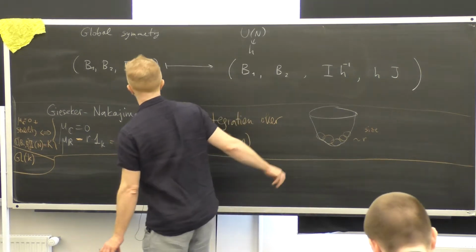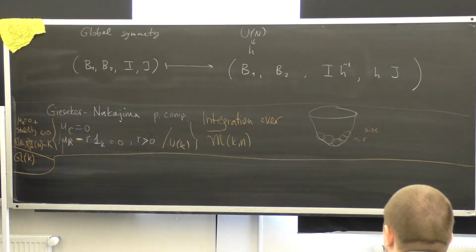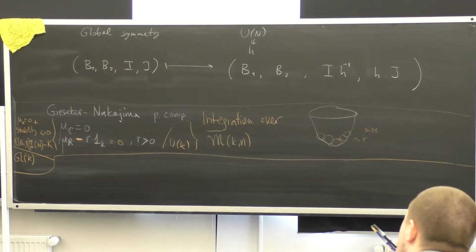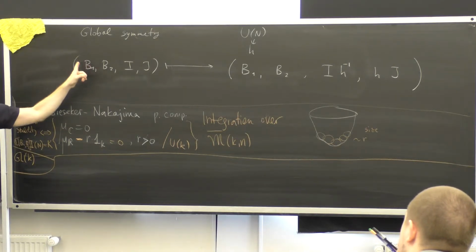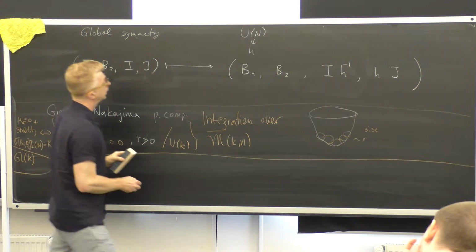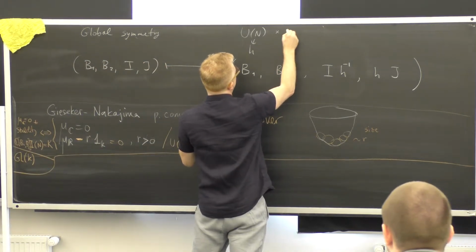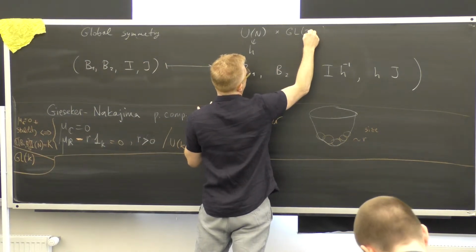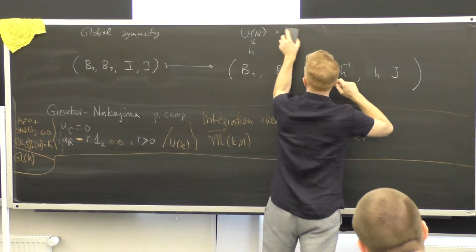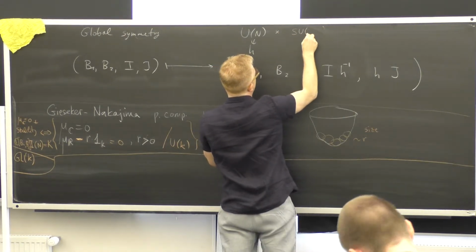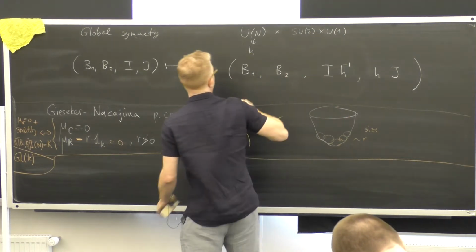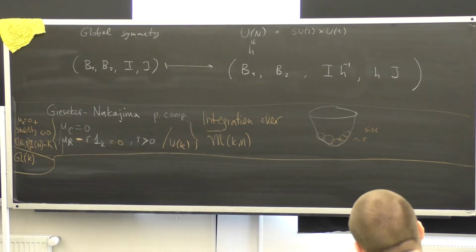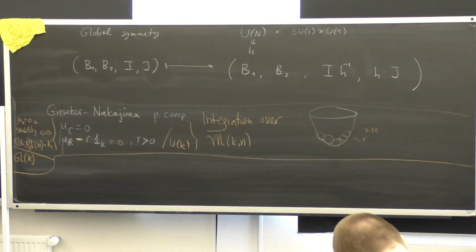And we also have the symmetry which is inherited from the rotational symmetry of the space R4. Namely, we can do linear transformations of the matrices B1 and B2. And so there is also the group GL2. Well, there is a group SU2 cross U1, which acts on the matrices B1 and B2 in a linear way.